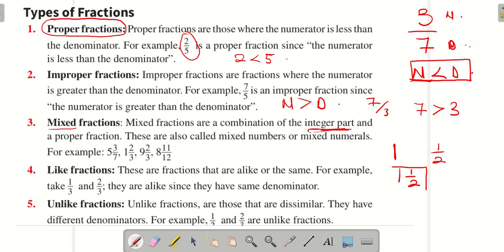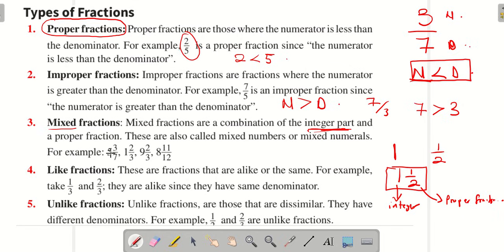And such a fraction is called a mixed fraction. This part is the integer part, and this part is the proper fraction. And it is proper in the sense that the numerator is less than the denominator.